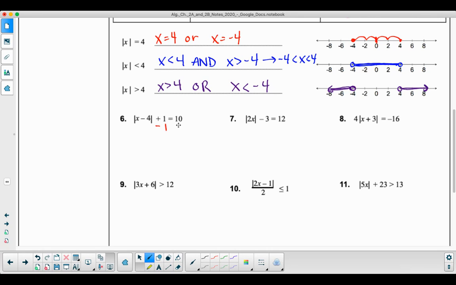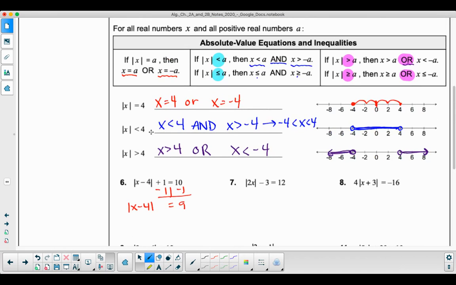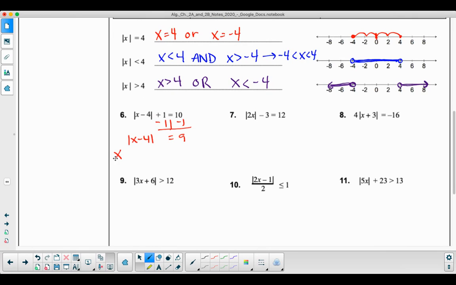So we're going to subtract 1 from both sides here, and we get the absolute value of x minus 4 equals 9. Now, once we have this, let's go back up here. We have absolute value of something equal to a number. So that means this something that's inside is going to be equal to that or equal to negative that. So this is going to be x minus 4 equals 9 or x minus 4 equals negative 9.